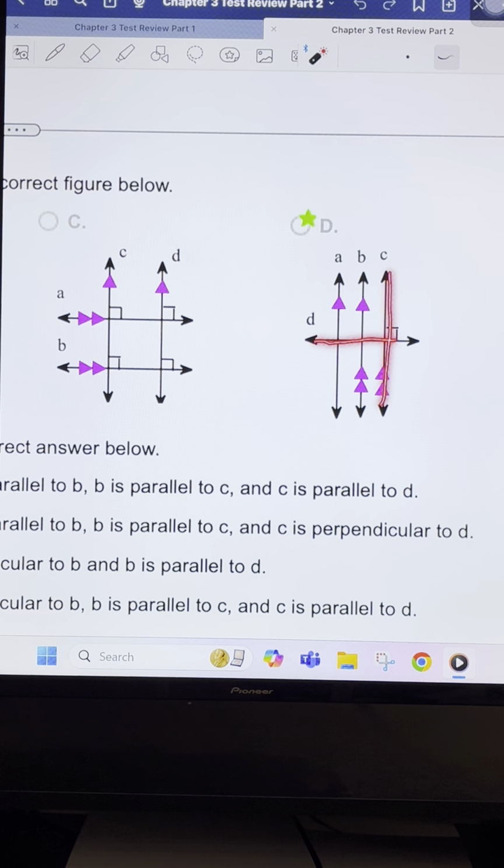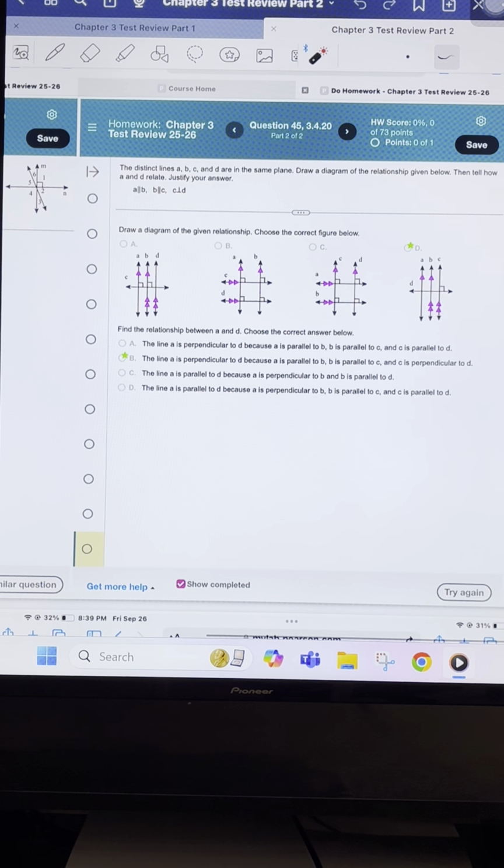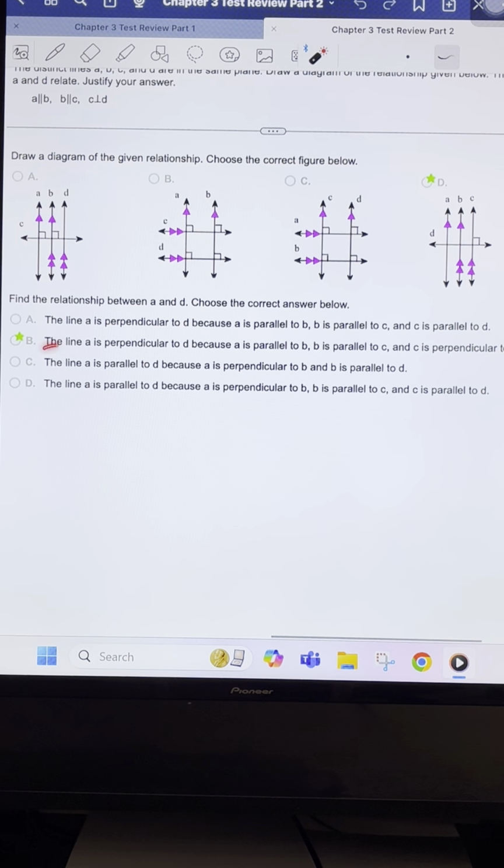And if the intersection of this transversal C and this transversal D creates a 90 degree angle, then the angle here is also 90 and the angle here is also 90. So that means that B is also perpendicular to D and A is also perpendicular to D. And that is the answer that would be right here.